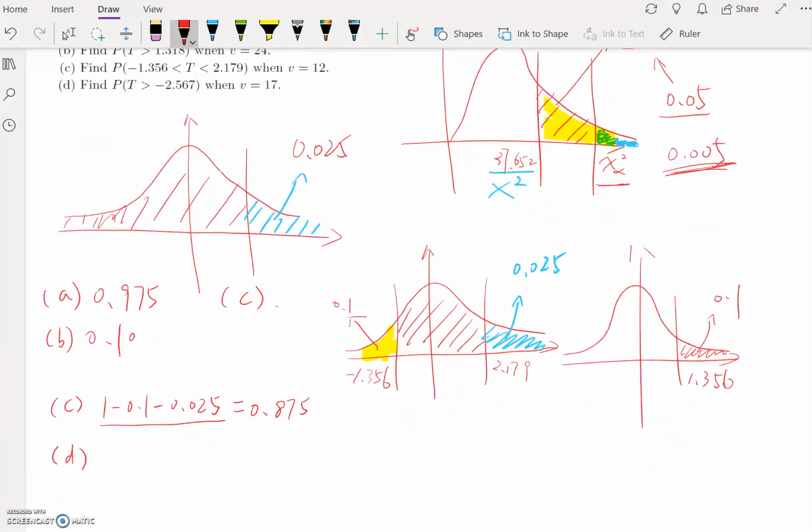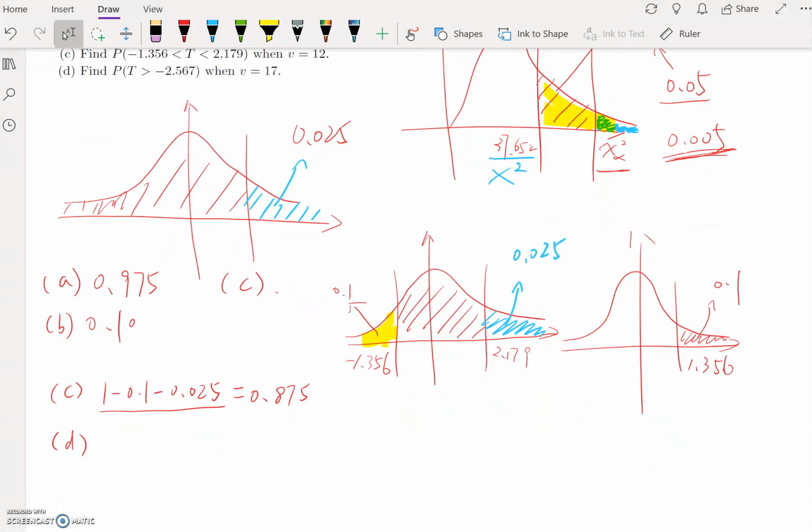For problem D, it's like finding the value greater than minus 2.567. So we want to find the red part. It's the same as the third problem. As long as we can get the yellow part, we can get the red part, right?